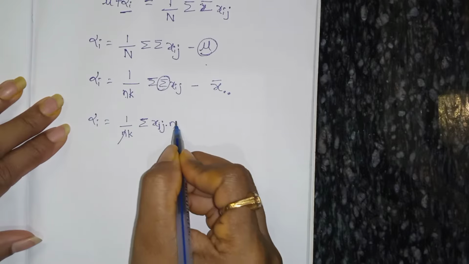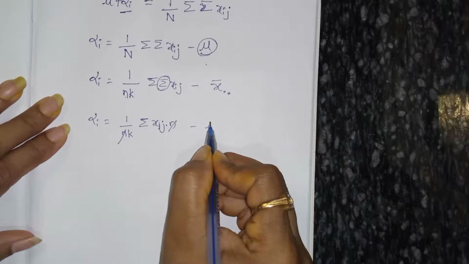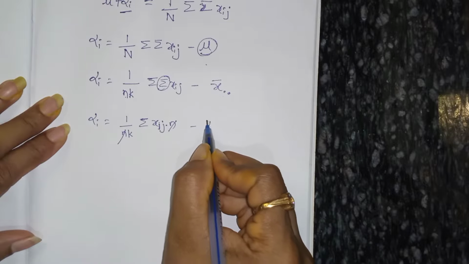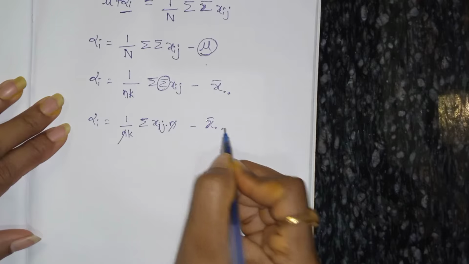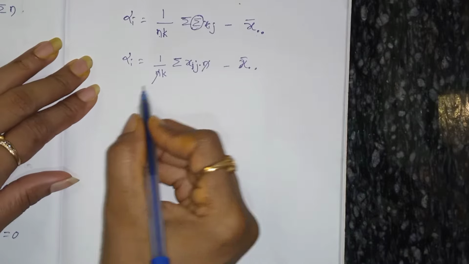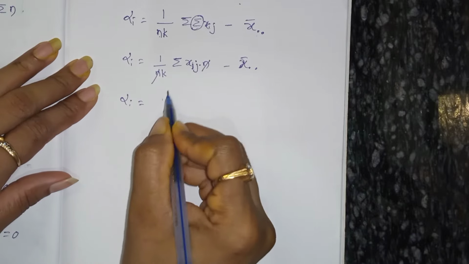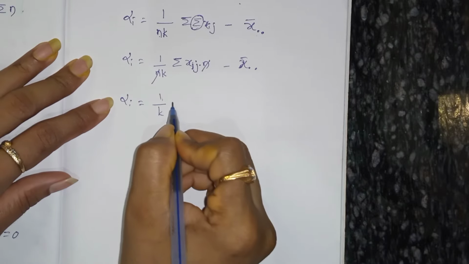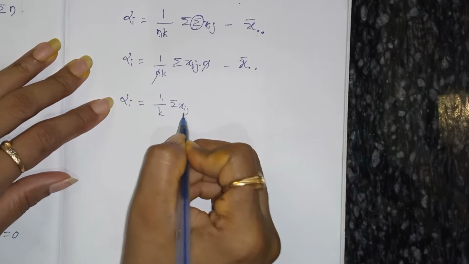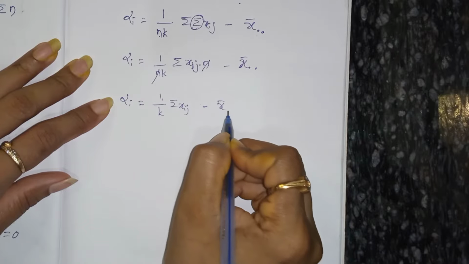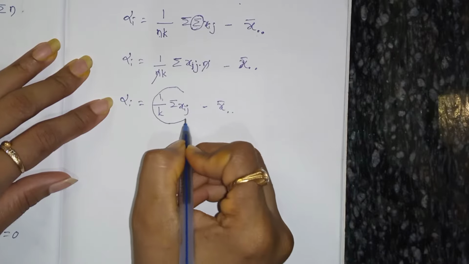This n and this n get cancelled. So alpha i equals 1 by k summation xij minus x bar double dot. What is the value of this?